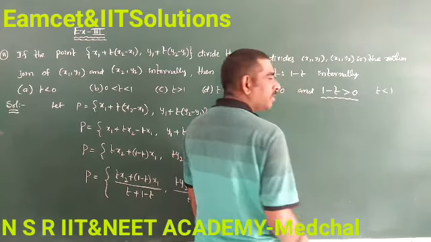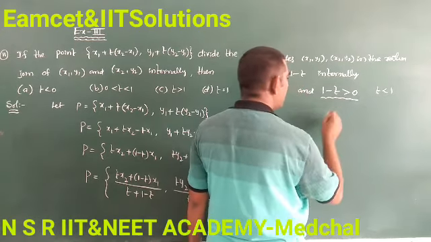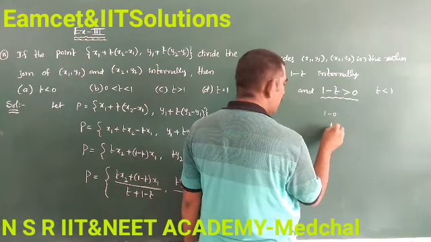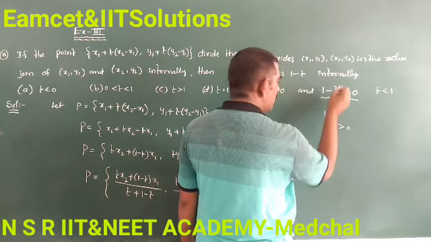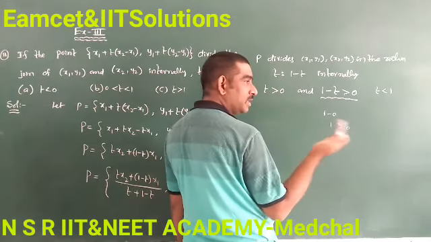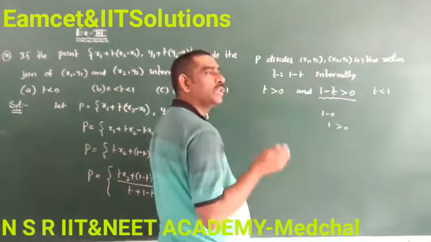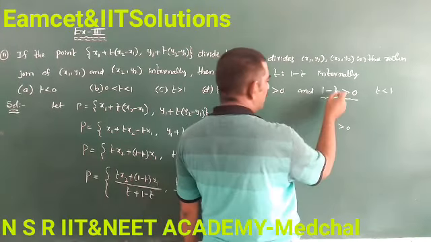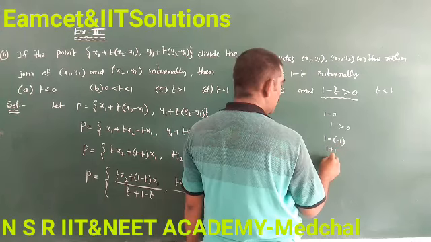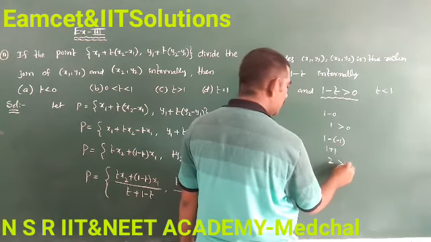So t less than 1 means values like 0. Suppose in place of t we substitute 0: 1 minus 0 gives 1, so it is greater than 0. Values less than 1 mean 0, minus 1, minus 2, minus 3, like that. In place of t substitute minus 1: 1 minus of minus 1 becomes 2, and 2 is greater than 0.